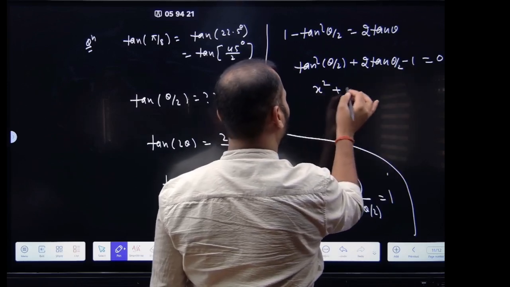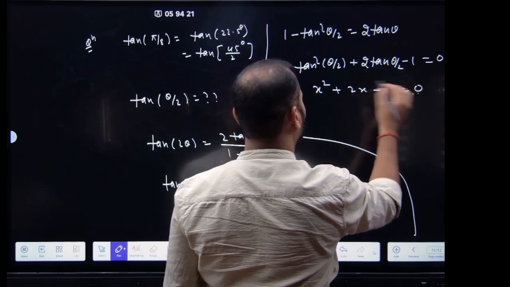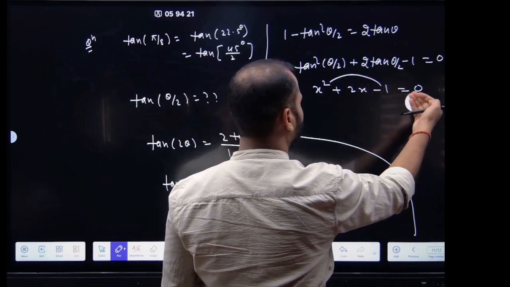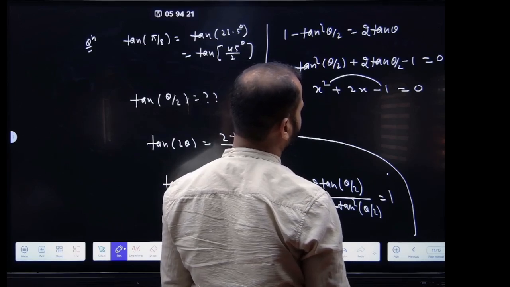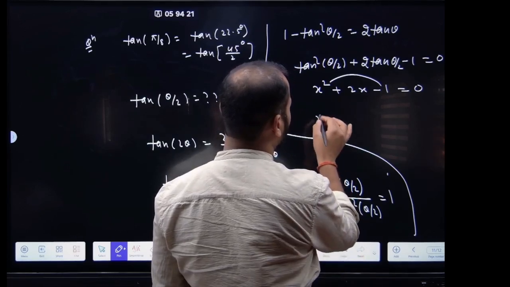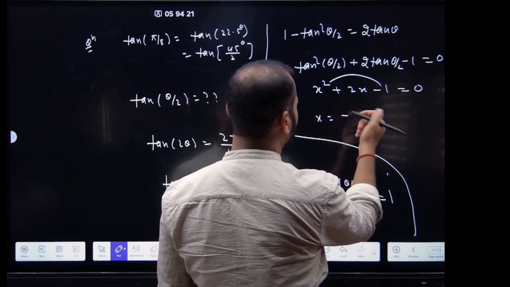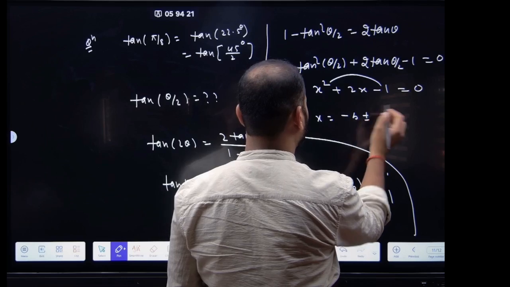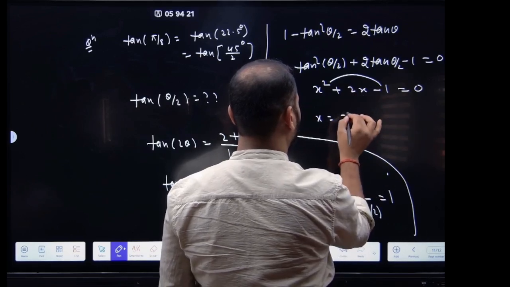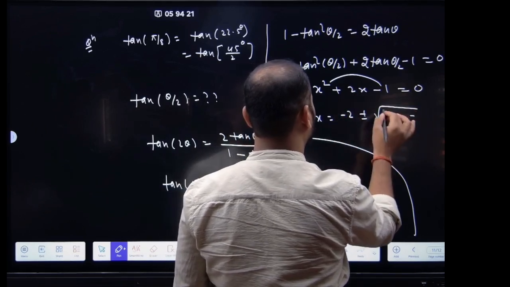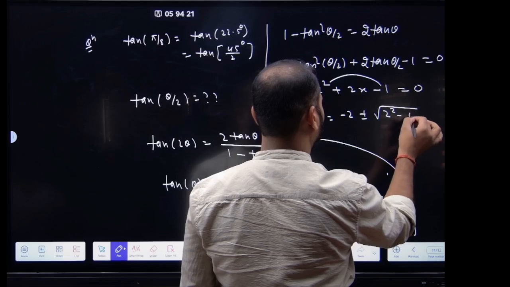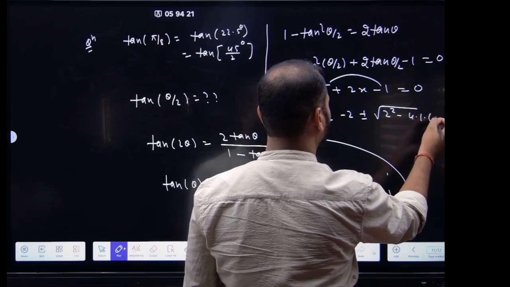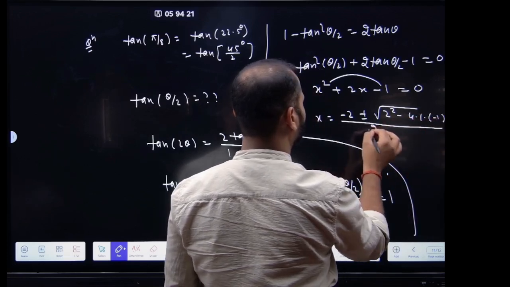So x square plus 2x minus 1 is equal to 0. Product is minus 1, right? So x value will be minus b plus minus root of d. Do you know that formula? Minus 2 plus minus root of b square minus 4ac, 4 into 1 into minus 1, divided by 2a.